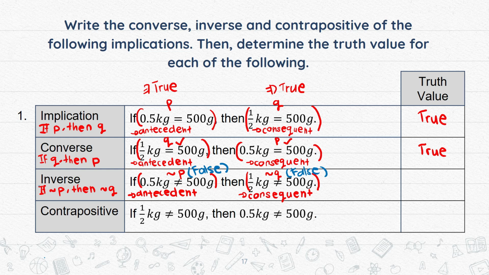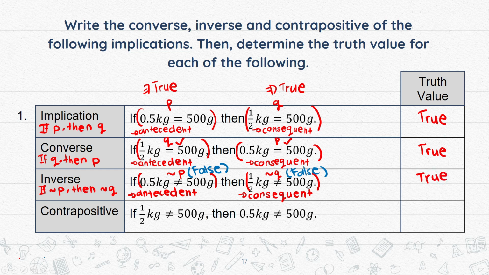Here is the application of rule number 2. Rule number 2 says that if the antecedent is false, then the implication will be true. For the inverse, the antecedent is false, so the inverse will be true.